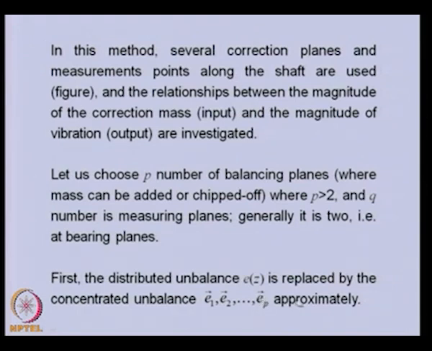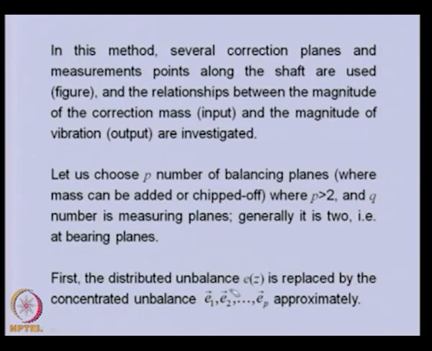Obviously, this will be approximate, because the flexible rotor cannot be balanced perfectly for all the modes. So, we need to limit ourselves to a few modes, and here we have chosen up to the pth mode. So, that many planes we have chosen, and that many correction masses we need to find out.